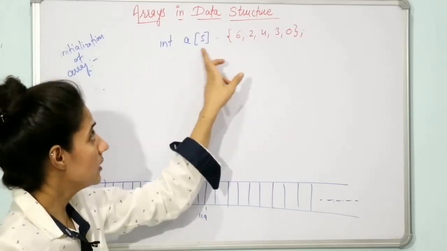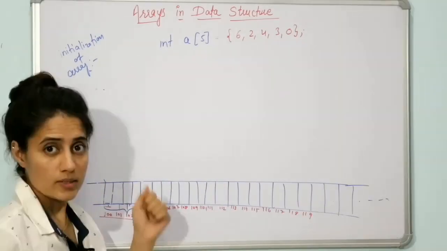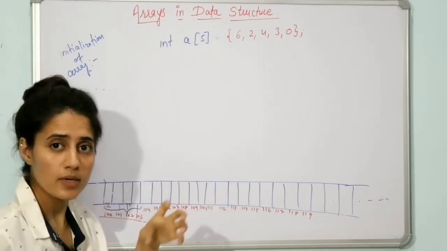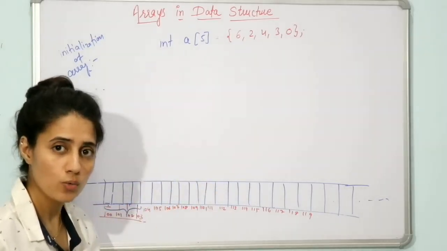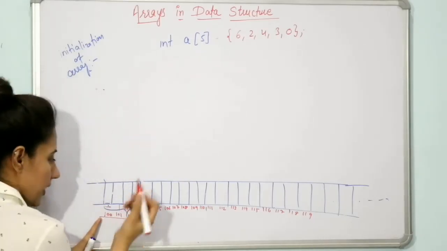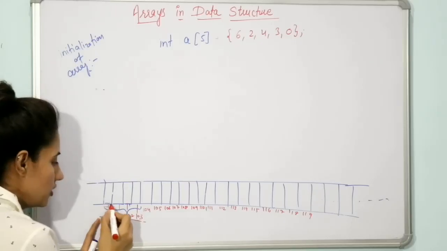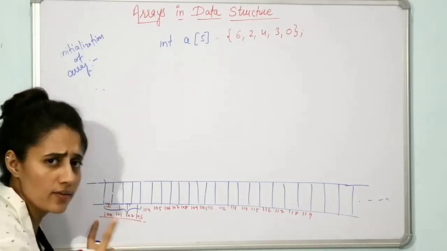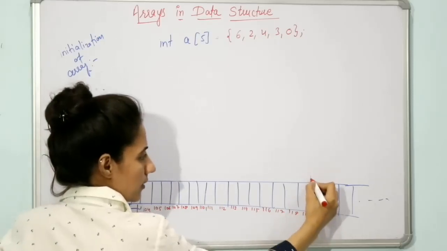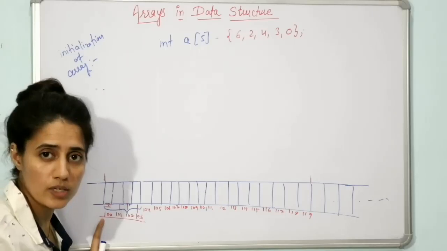Now, how are these elements stored in memory? Let us check. The size to be allocated is 5 into 4, that is 20 bytes. The memory manager will allocate 20 bytes, but consecutive bytes should be allocated. Let us suppose it allocates from an address, and let us suppose I take the address 100. So from 100 to 119, the memory is allocated to these elements.